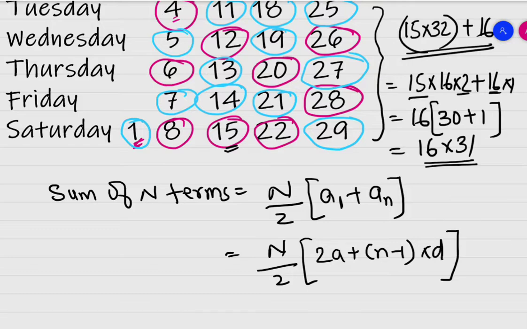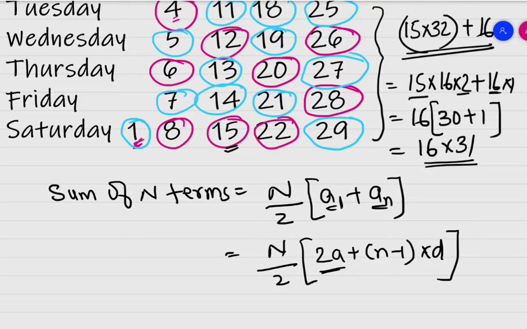How can you do this? See, if you write an as a plus n minus 1 into d, and a as a, it will become 2a plus n minus 1 into d. So you can either use n by 2 into, in the bracket, first term plus last term, or n by 2 into 2a plus n minus 1 into d.